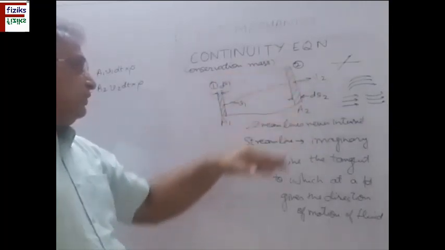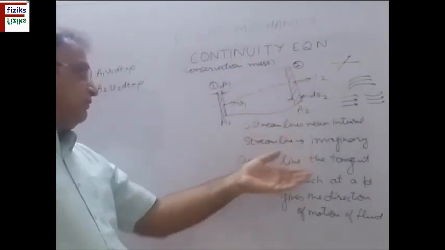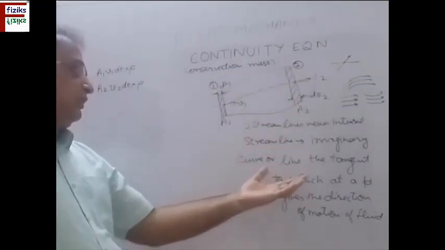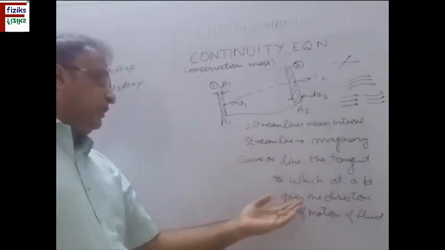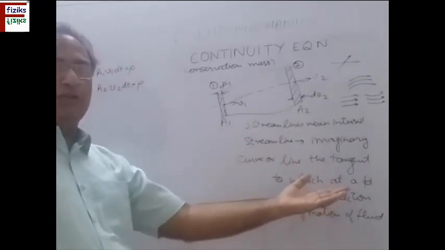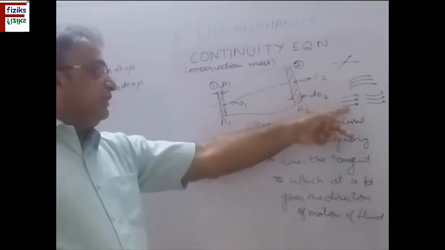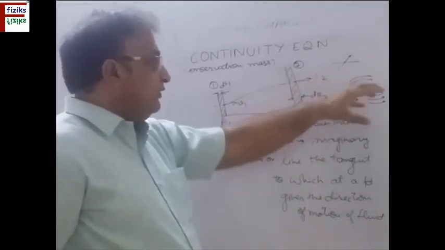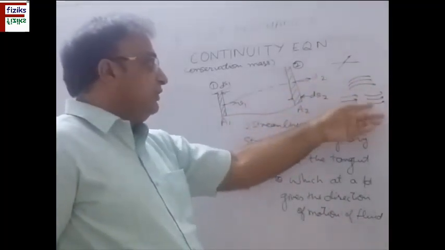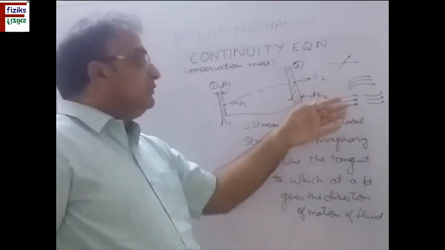This is a streamline, and we define the streamline as an imaginary curve or line, the tangent to which at a point gives the direction of motion of the fluid at that point. And these are the possible shapes of the streamline: curves, converging, diverging or parallel lines.